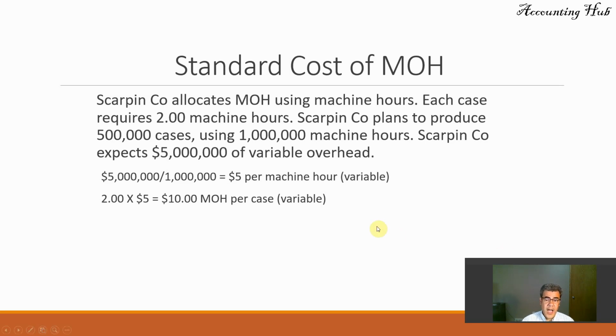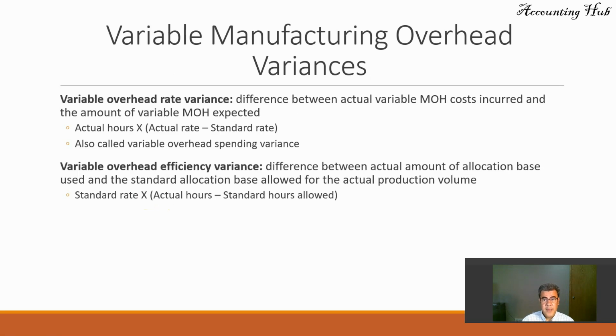So our cost per hour is $5 million divided by 1 million hours, $5. And then we need 2 machine hours per unit. 2 machine hours per unit times $5 per hour, $10 is our variable manufacturing overhead per case.